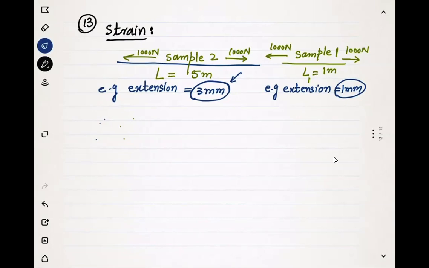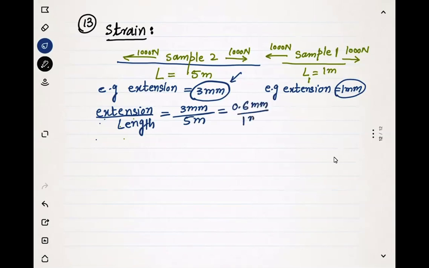So if we define extension over length in both the cases, here extension over length will become, extension is 3 millimeter and length is 5 meter. So the constant that we are calculating will become 0.6 millimeter per 1 meter.